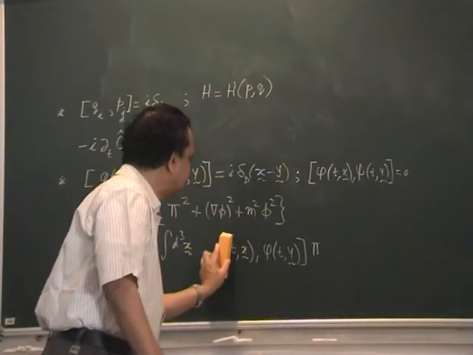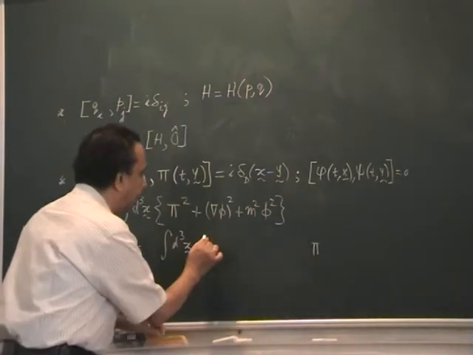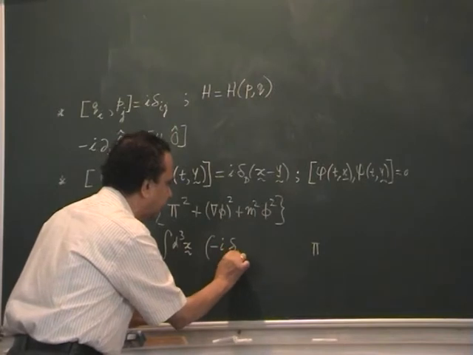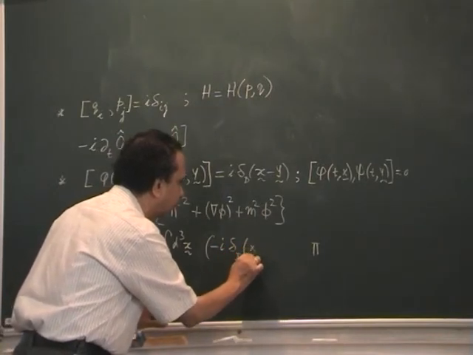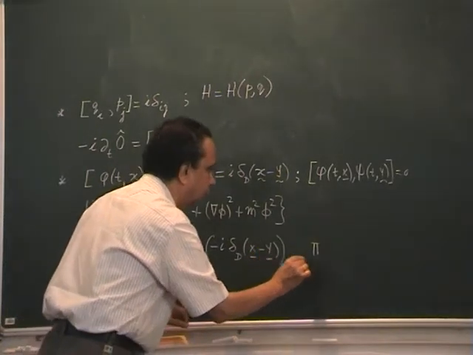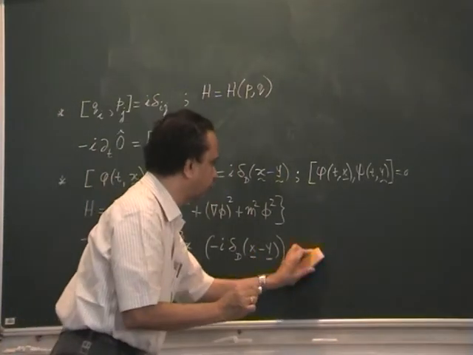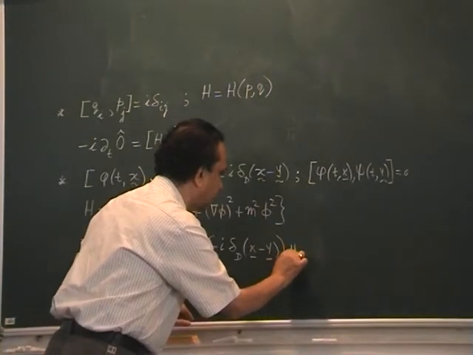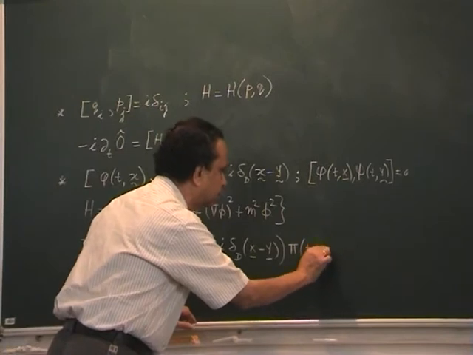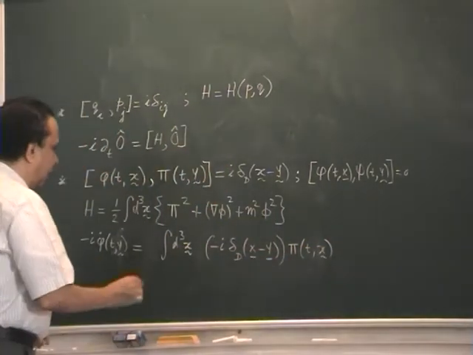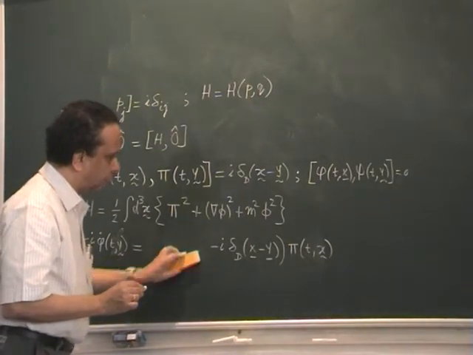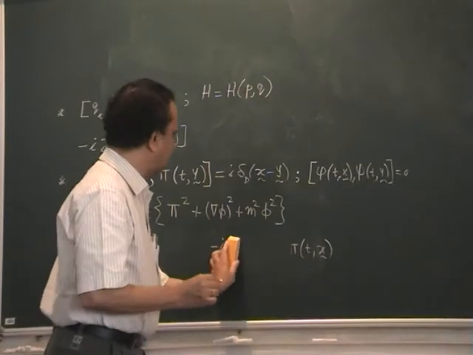So it is minus I Dirac delta function of x minus y pi at t comma x. So you can do the integral and that will give you minus I pi at y.